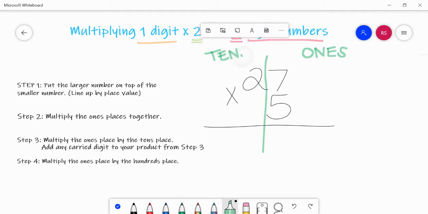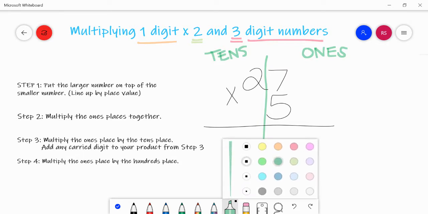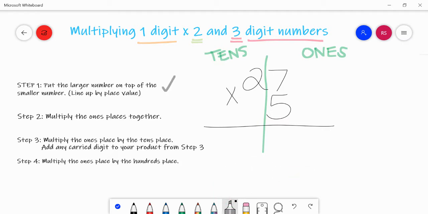Now, this is not something that you have to do. You don't have to label your place values when you're multiplying, but if it makes it easier for you, please do that. Okay, so we have our place values lined up. Our ones place is lined up perfectly. So I can check off step 1. Step 1 is done. Check.